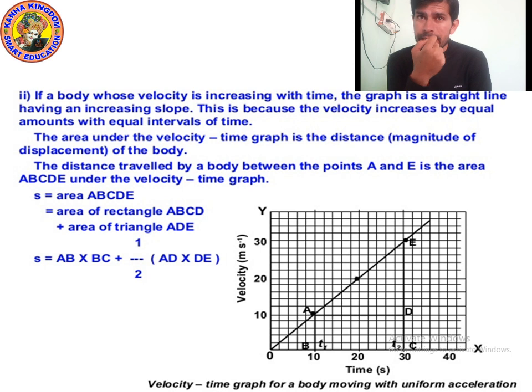For the rectangle we know length into breadth. Here the length is AB, or you can say DC, and the breadth is BC, or width, you can say BC. BC is equal to AD, AB is equal to DC. So for the area of rectangle ABCD, S is equal to AB into BC, and for the area of triangle ADE, 1 upon 2 into base into height, so AD into DE.